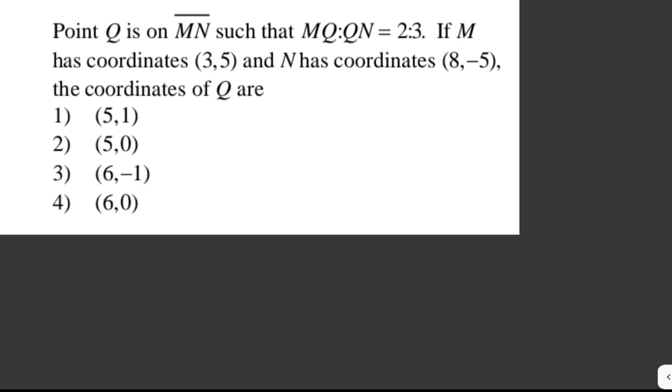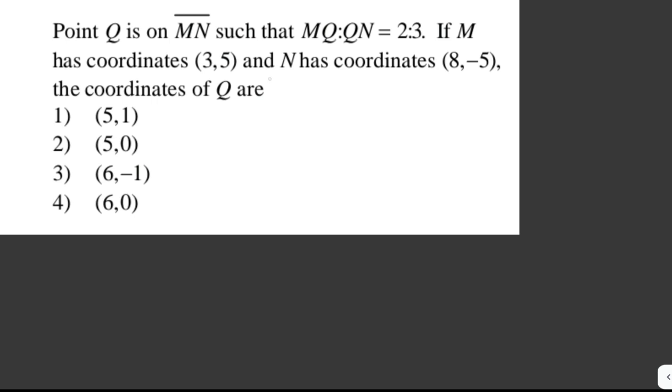Point Q is on segment MN such that MQ is to QN equals 2:3. If M has coordinates (3, 5) and N has coordinates (8, -5), the coordinates of Q are? So we use the same process or method that we used in the previous problem.